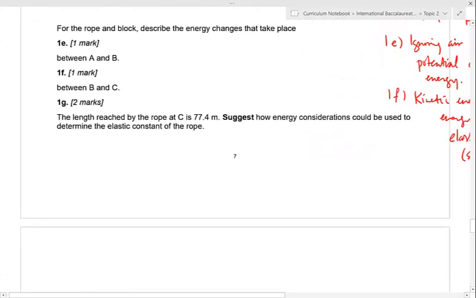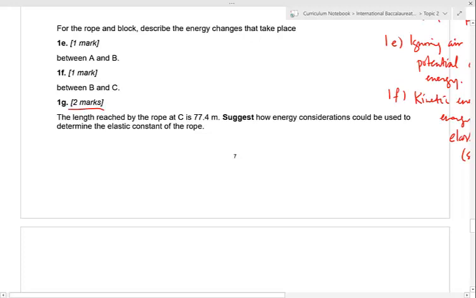1G says the length reached by the rope at C is 77.4 meters. Suggest how energy considerations could be used to determine the elastic constant of the rope. Okay, so it's only 2 marks, and it says suggest, so we're not asked to calculate it, but we could.